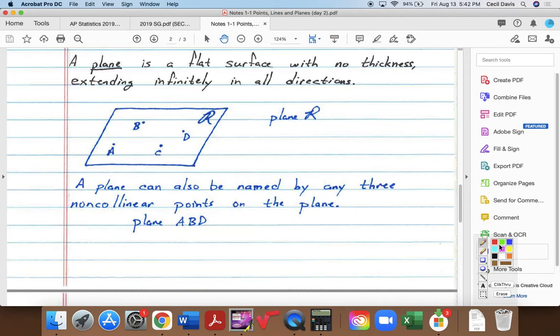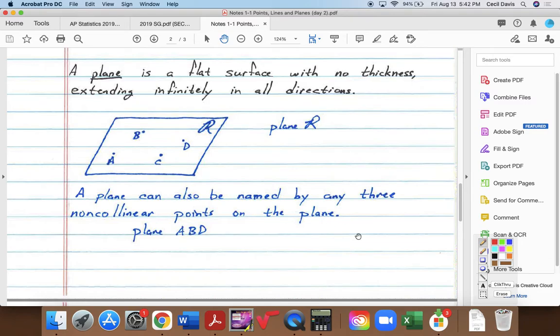We can also, though, name this by any three non-collinear points on the plane. So I could call it plane ABD because A, B, and D are not all on the same line. I could call it plane BCD if I wanted to. And it doesn't have to be alphabetical either.